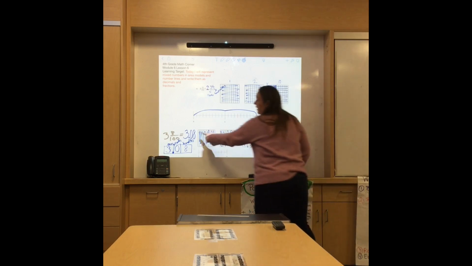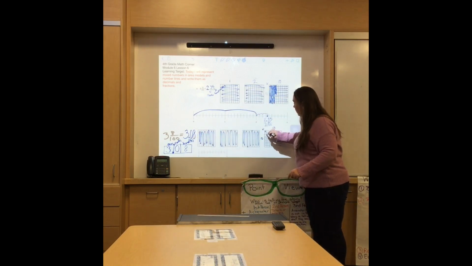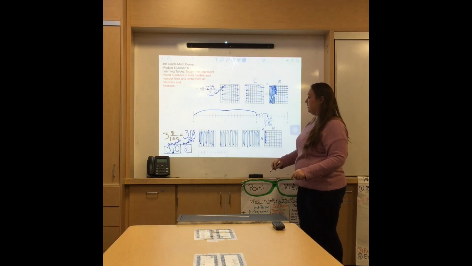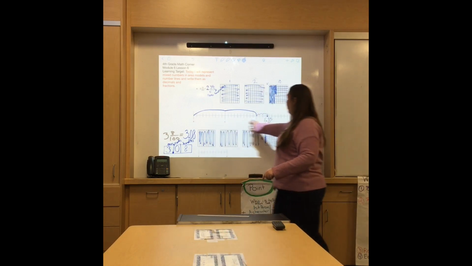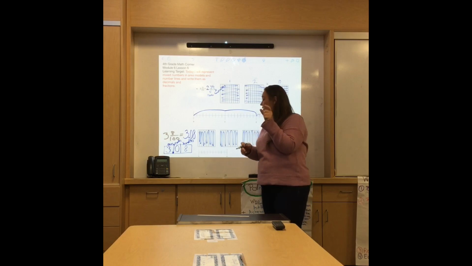And I'm only going to color in 8 hundredths, no tenths. So I'm going to go 1, 2, 3, 4, 5, 6, 7, 8. That is 2 less than a whole tenth, because that would be 8 hundredths.